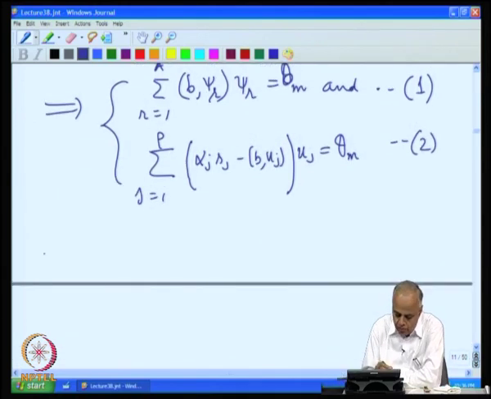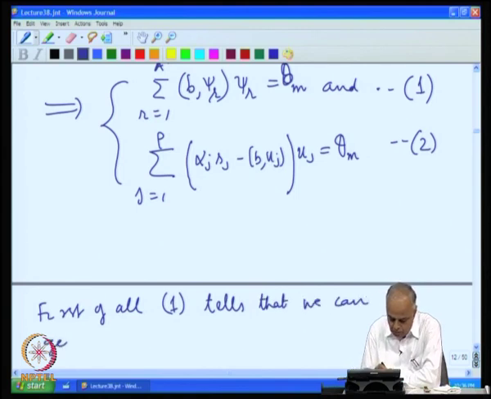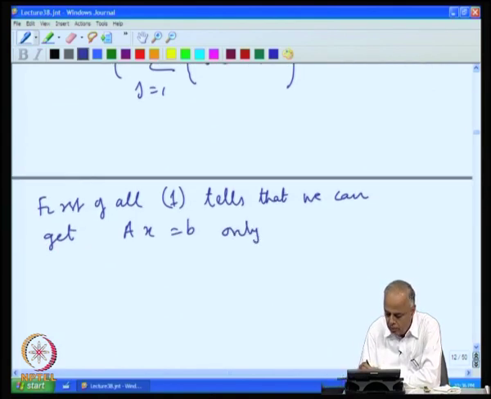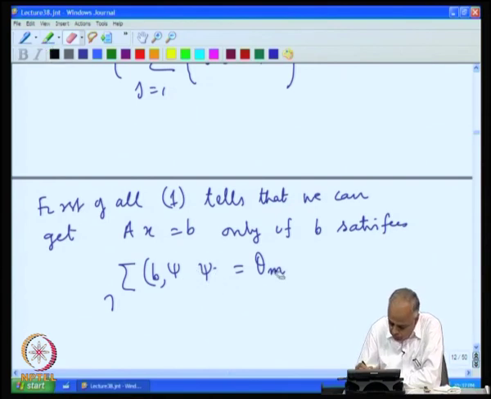Now, first of all, 1 tells us that we can get A x equal to B only if B satisfies summation B psi j equal to theta m, or we will use our r notation, r equal to 1 to nu A transpose.